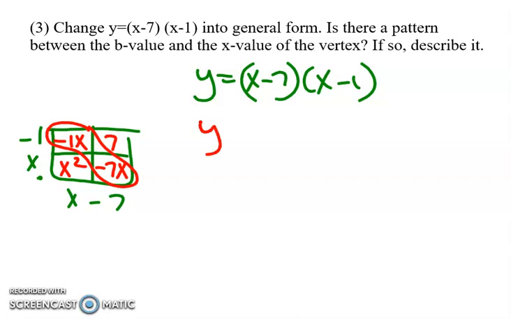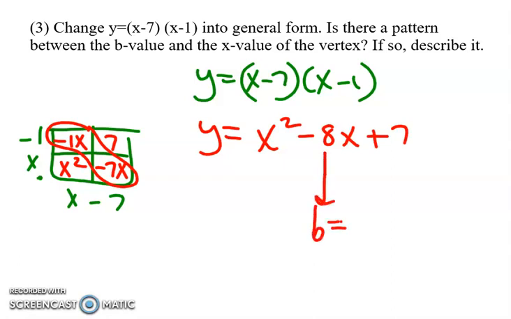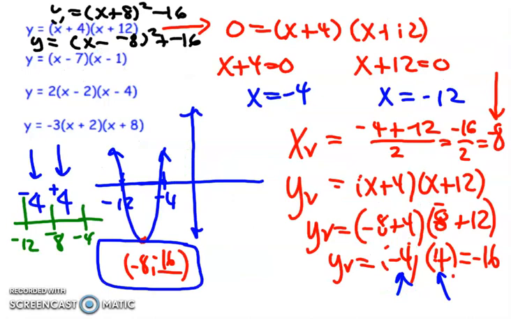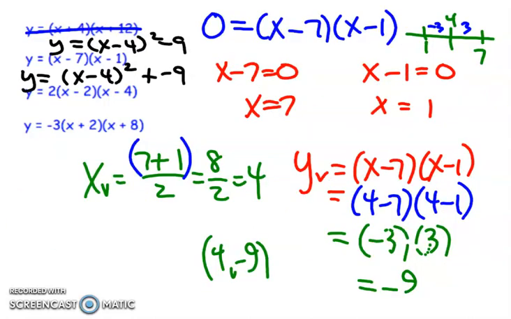So this answer would be y is equal to x squared minus 8x plus 7. So the b value is -8, and the x value of the vertex is back at 4.